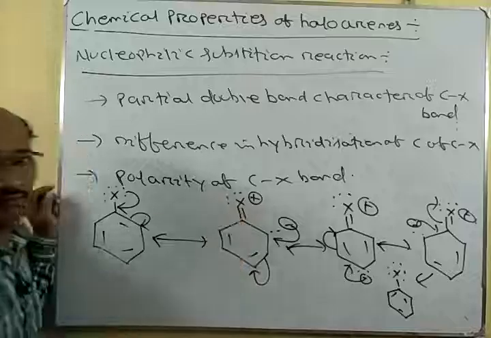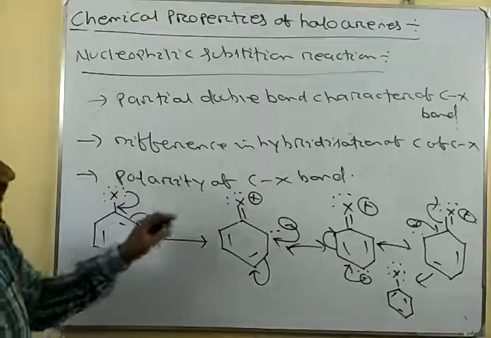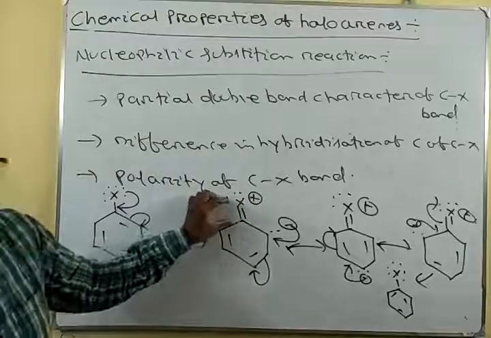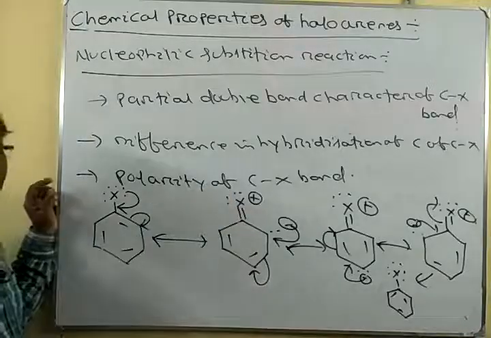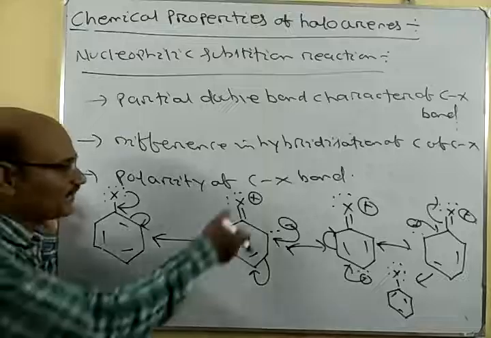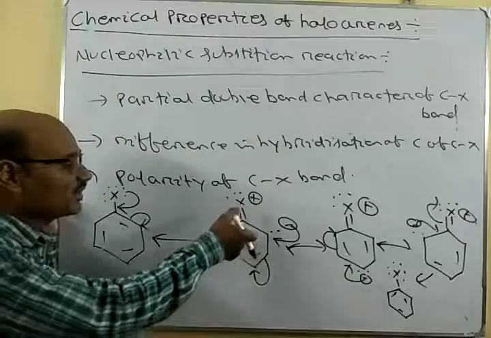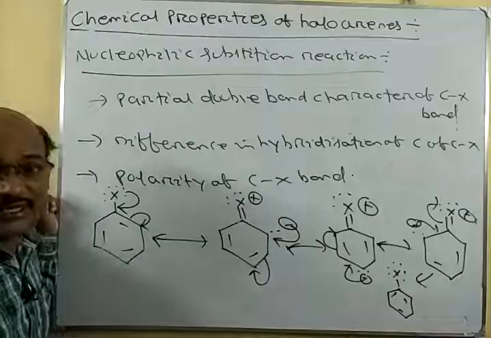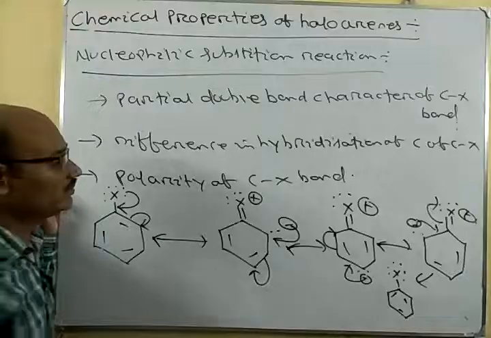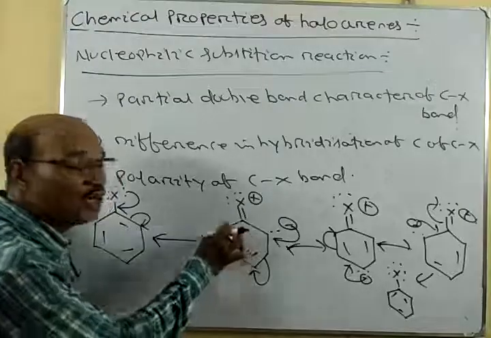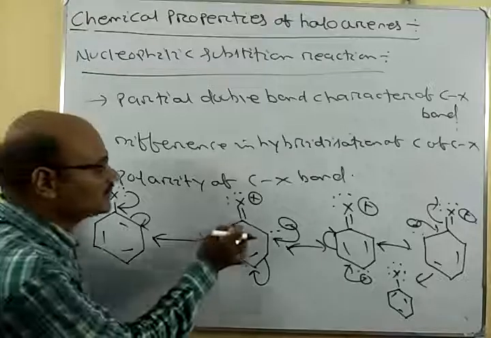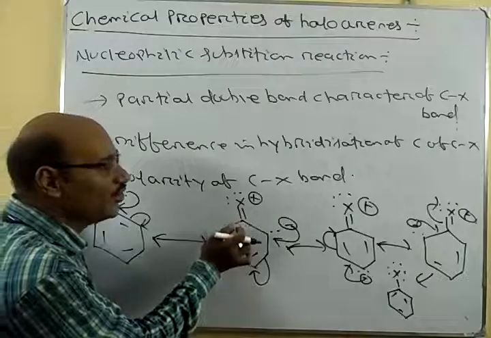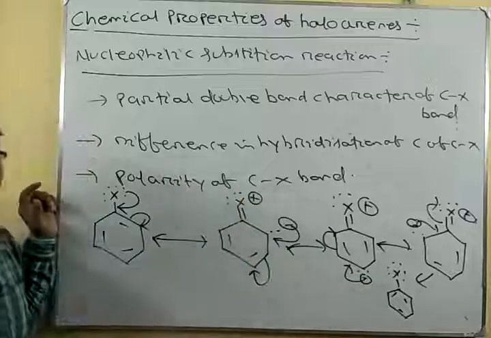Bond length decreases, that means the C-X bond strength increases. Because the bond strength increases, the C-X bond cannot break easily. That means the C-X bond is not very reactive.